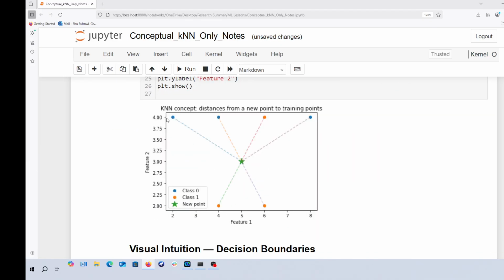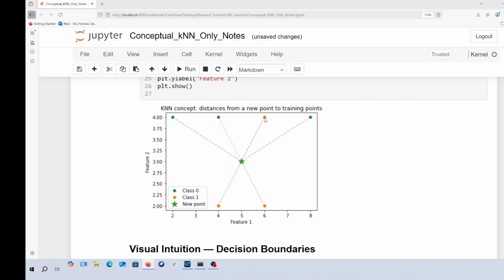Let's say we have this diagram, where the key concept is the distance from this new point. The new point here is this green star. If we are trying to predict where this point belongs, let's say we choose k equals 3. We see that the points that are closer to this new point, the green star, should be the orange class, because that is where the majority of points belong.